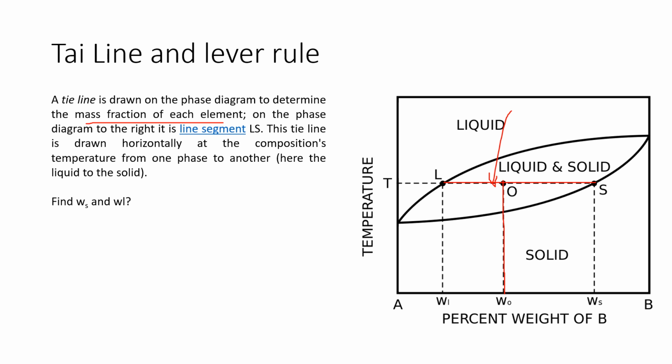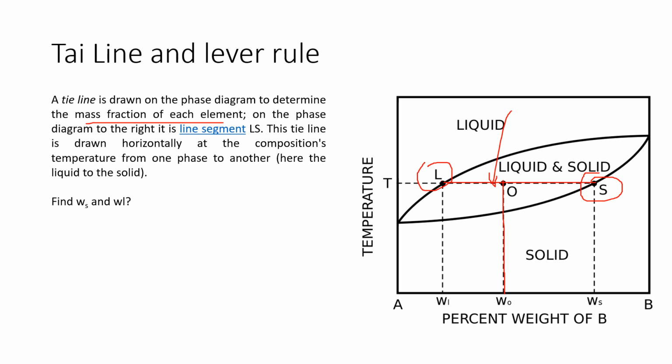So the tie line, a horizontal line, is drawn from the known composition of the element, which touches the two boundary conditions. One is the liquidus, the other is the solidus. So over here, at point L, the liquidus line is touched. Over here, the solidus point is touched.